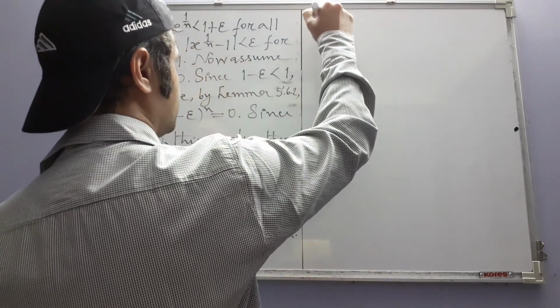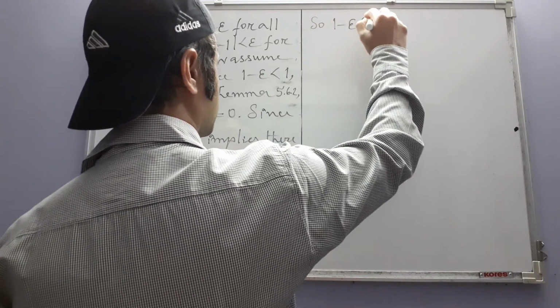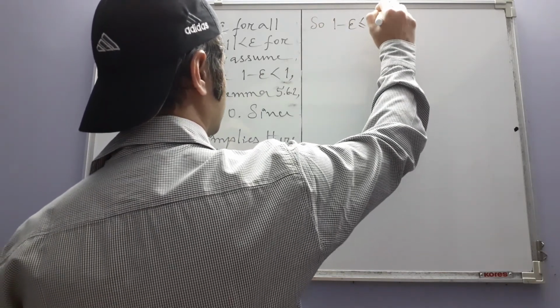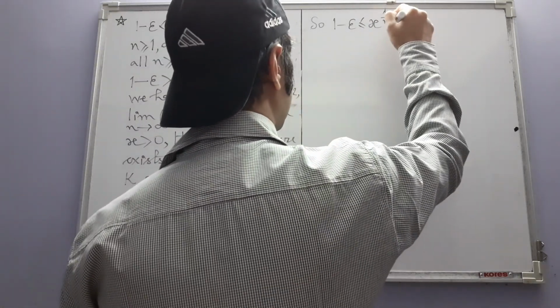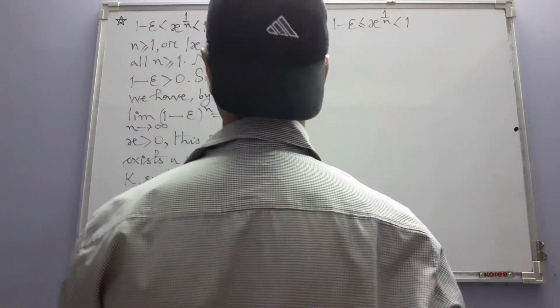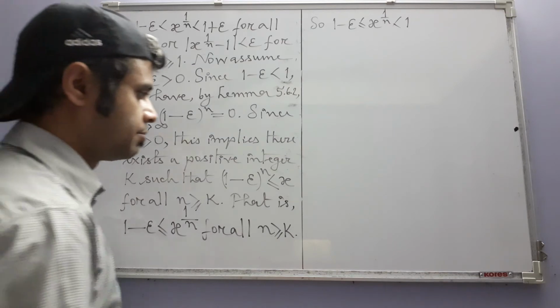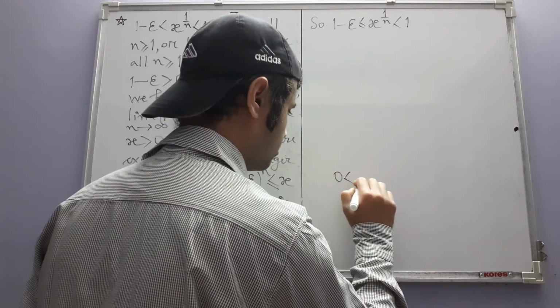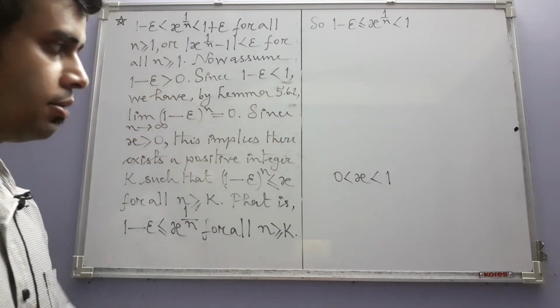So 1 minus epsilon is less than or equal to x to the power 1 over n, which is strictly less than 1. Why? Because we are under the assumption that x satisfies these inequalities.